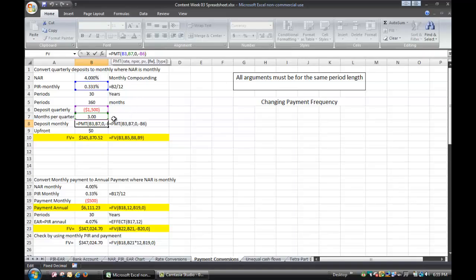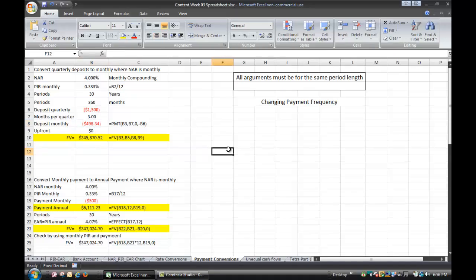The future value is in B6. That's the quarterly payment. We're going to split that into 3 equal payments. There is no present value, but there is a future value. We combine these and do the payment of the quarterly, and you get a monthly deposit of $498.34.